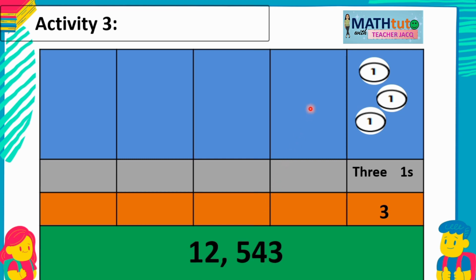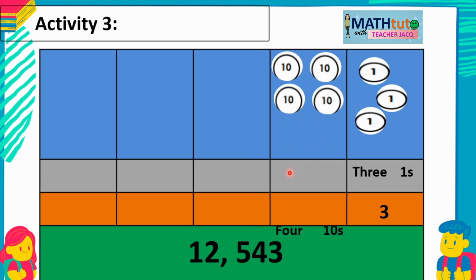We will draw 4 disks. 1, 2, 3, 4. And then we will write 4 tens. 4 times 10, 40. And then to the next column, which is the hundreds place value, we have 5.